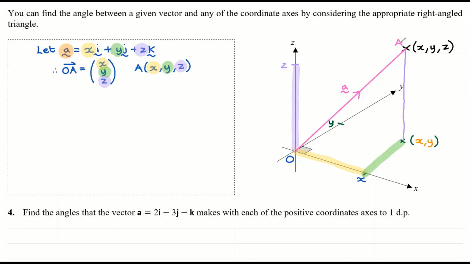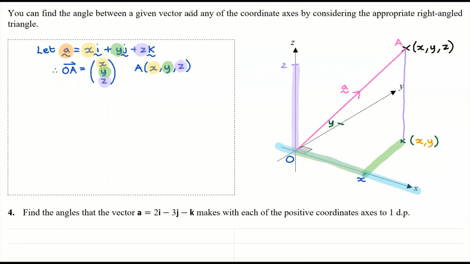Now, what we're interested in is finding an angle between the vector A and one of the coordinate axes. Now, I'm going to choose the x-axis for this because the diagram is set up for me to do so in quite a simple way. So if we look at the x-axis as the axis that I'm interested in, the vector is obviously in 3 dimensions, but it does actually make an angle with the x-axis, and the angle looks like this.